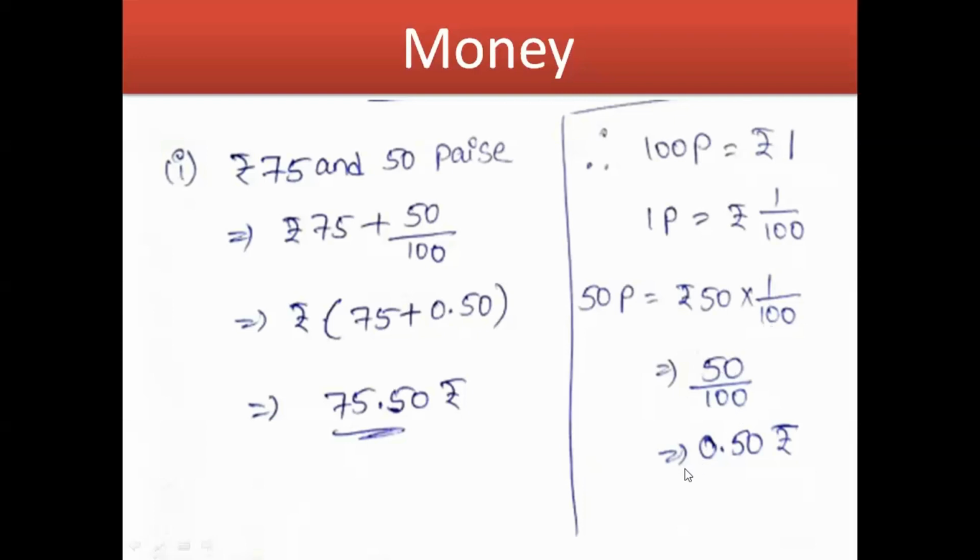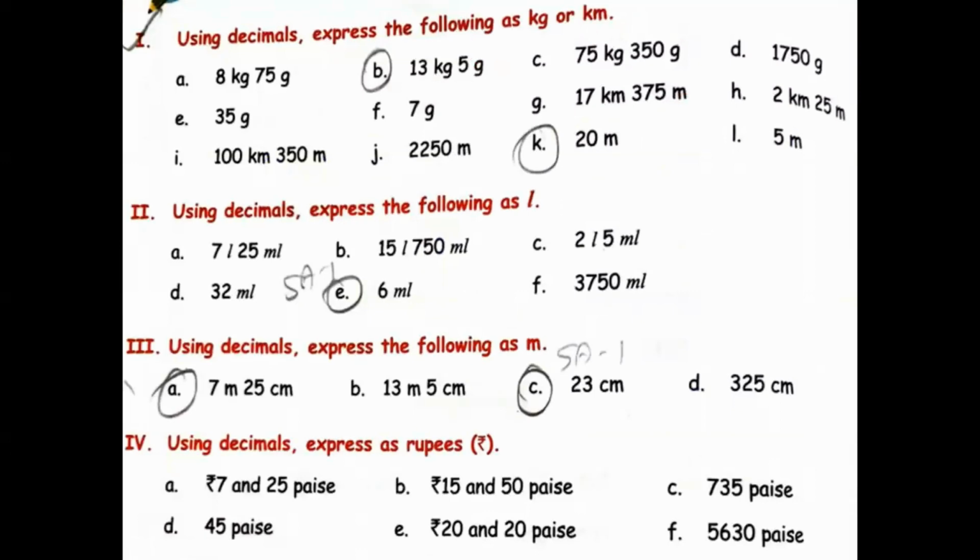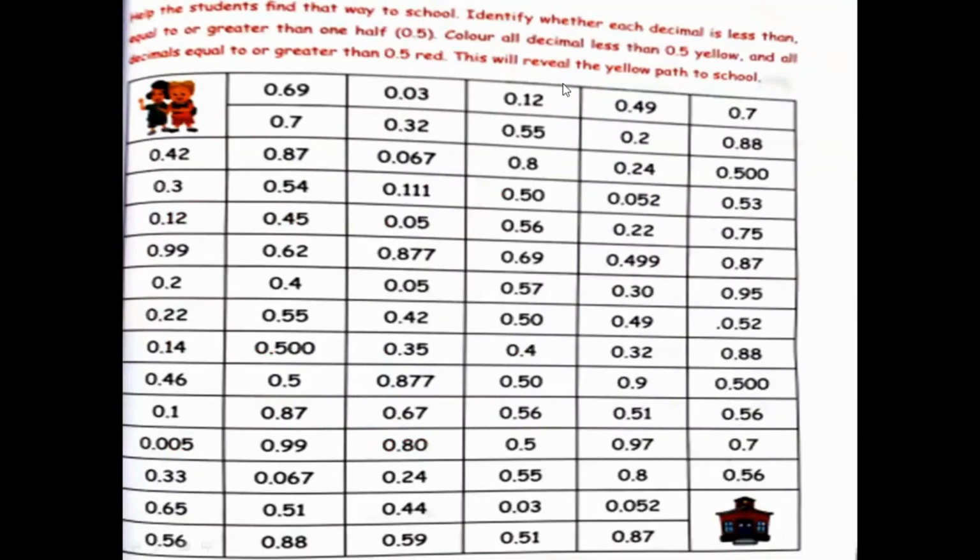We are changing into decimals, 0.50 rupees. Now see 75 rupees plus 50 by 100 rupees. Rupees common. 75 plus 0.50. 75.50 rupees. Solve the following exercises. See you in the next class.